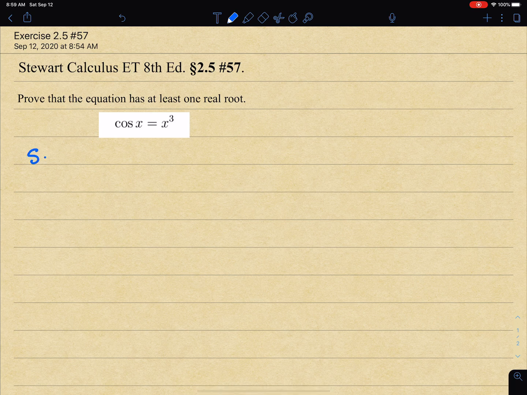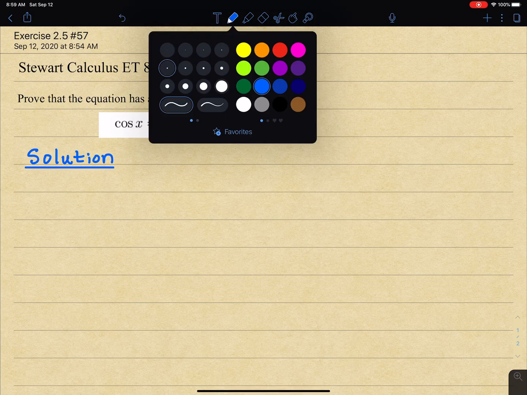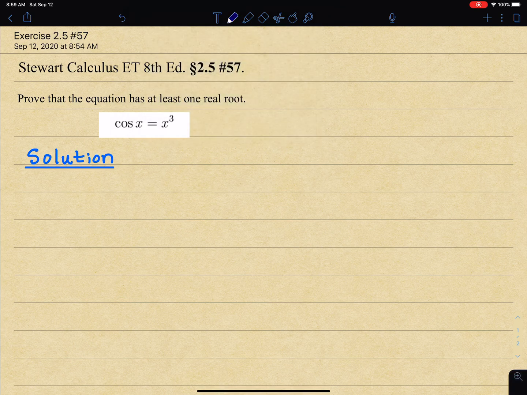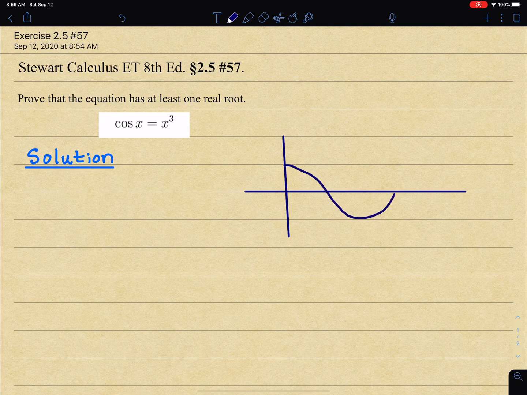I am going to begin by sketching the graph of both of these functions, y equals cosine x and y equals x cubed. The reason I'm doing that is because it's easy, for one. I don't want to do things that are so difficult that they take more time, especially since it's not really part of the problem.